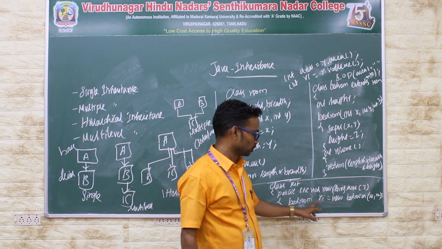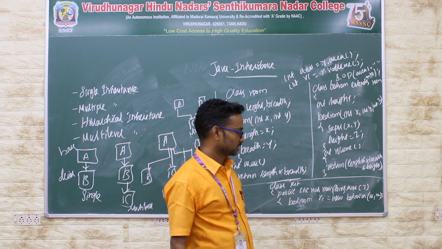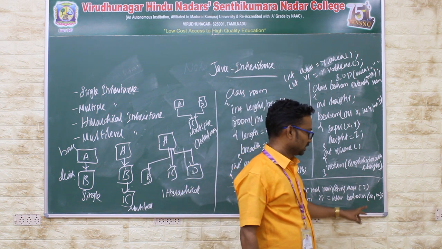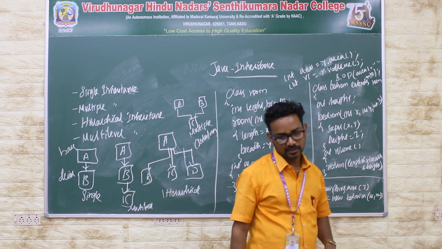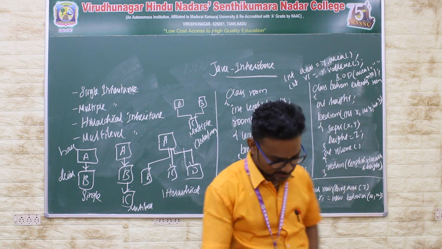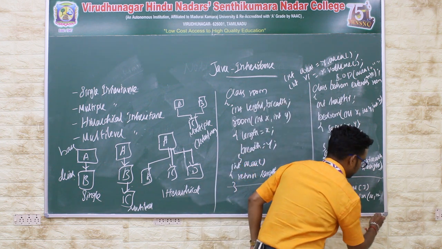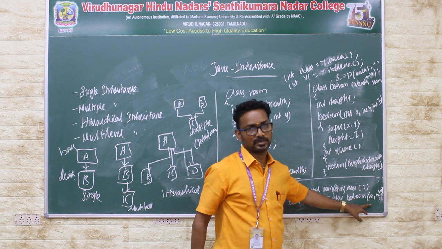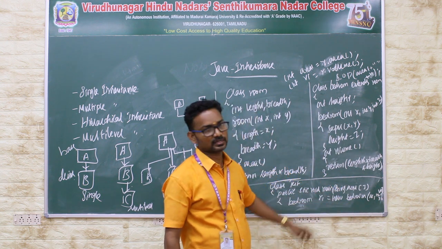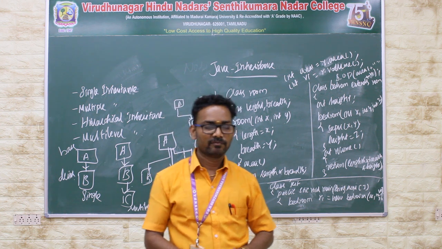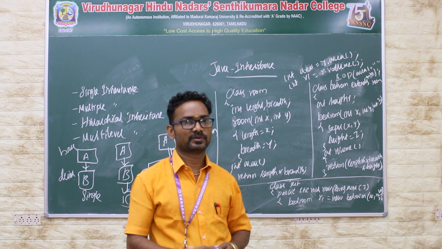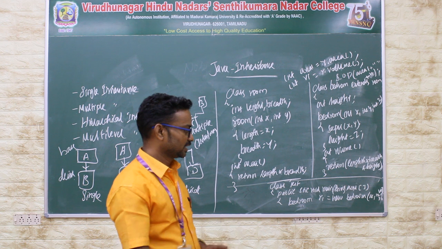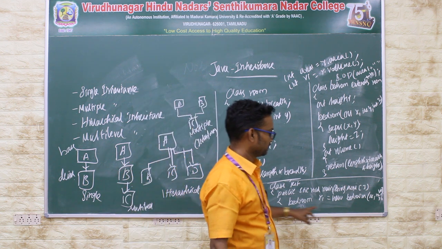This creates an object: BedRoom r1 equals new BedRoom, with three parameters passed. The main advantage of a constructor is that when you create an object, it is invoked automatically.